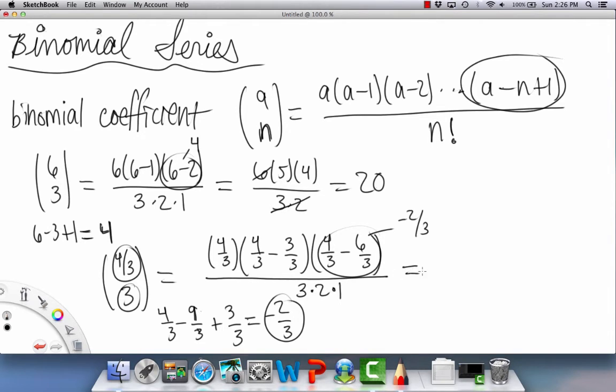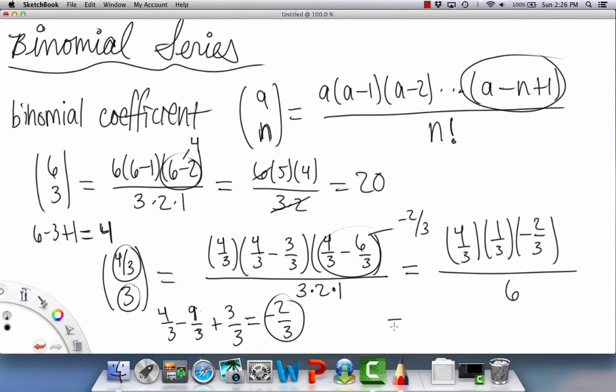On the top, we're left with 4 over 3 times 1 over 3 times negative 2 over 3, and this is all over 6. This turns out to be negative 4 over 81, if you do the math. That's the general concept behind this notation, and this forms our binomial coefficient.